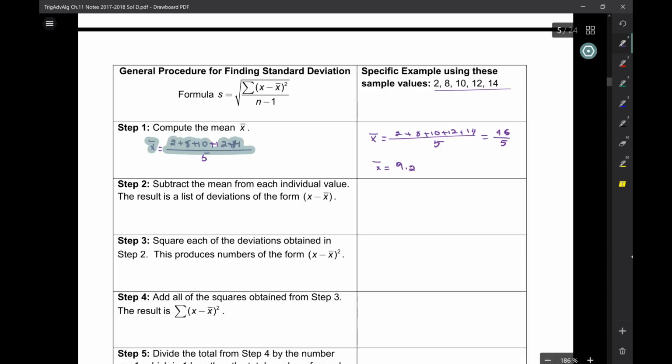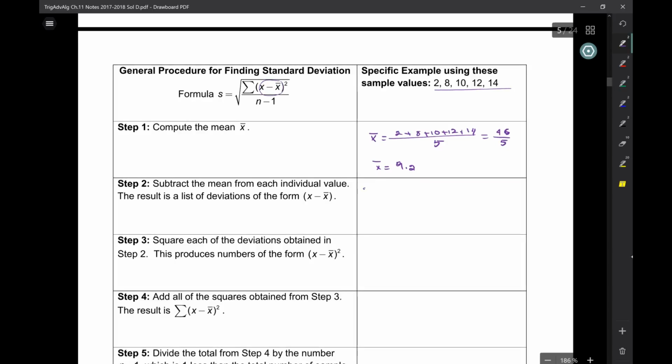Oh, that's it. Okay. Now, here it says x minus x bar. So we're going to subtract the mean from each individual value.